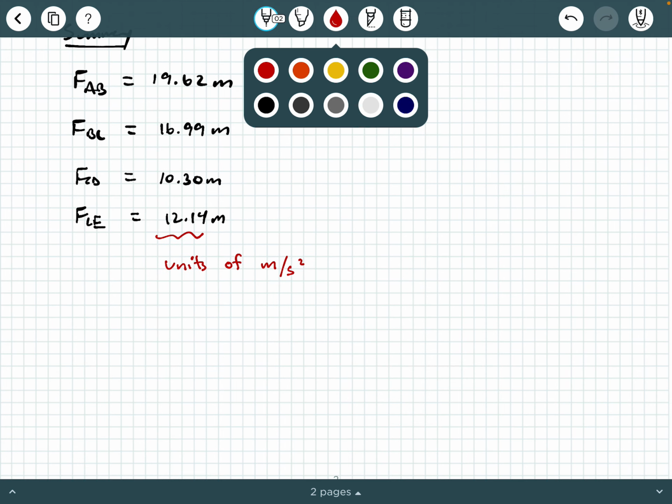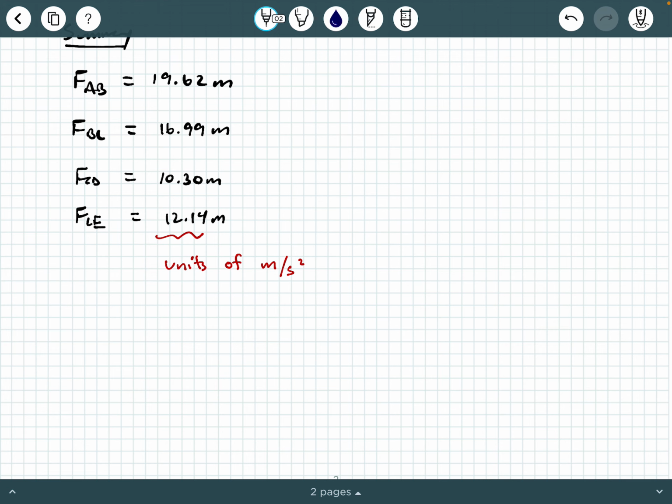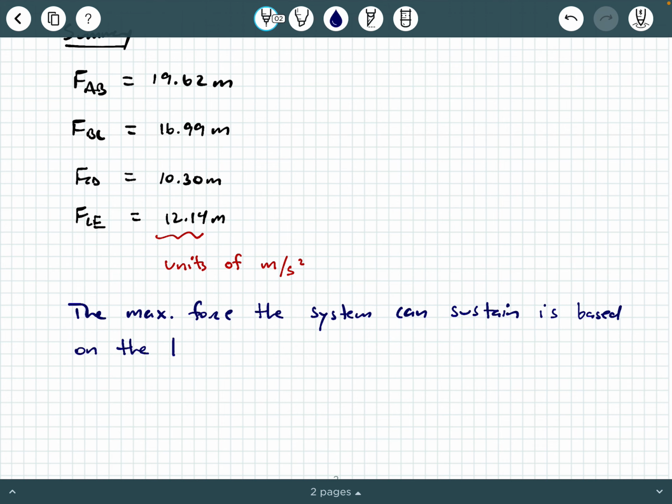So what do we do next? Well, I'm going to change colors here, and let's go ahead and solve the rest of the problem. The maximum force the system can sustain is based on the largest coefficient of the cable forces, okay?